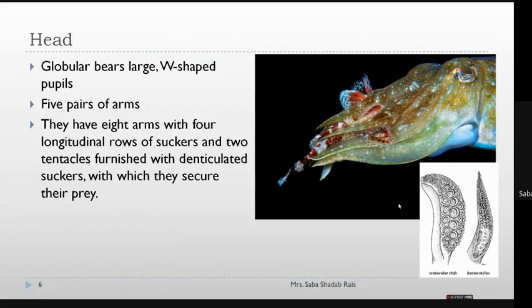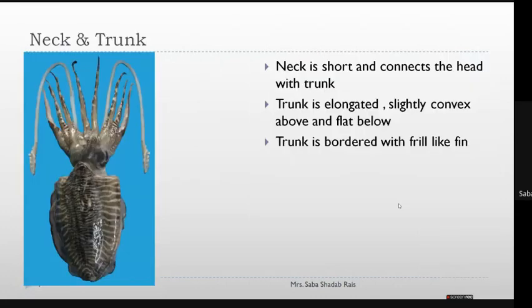When we talk about the arms, the first pair of arms is farthest from the tentacle and is present in the anterior position. The second pair is anterolateral. You can see very carefully: first pair, second pair.